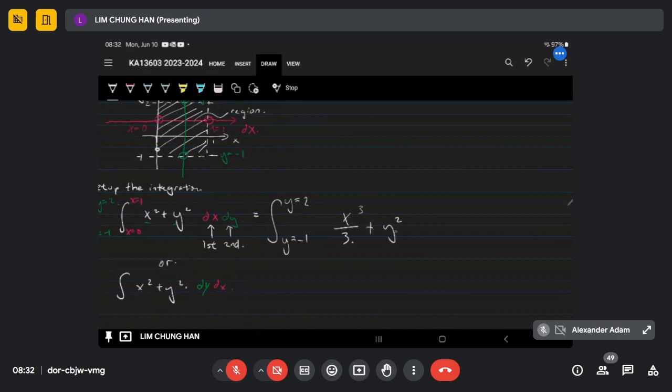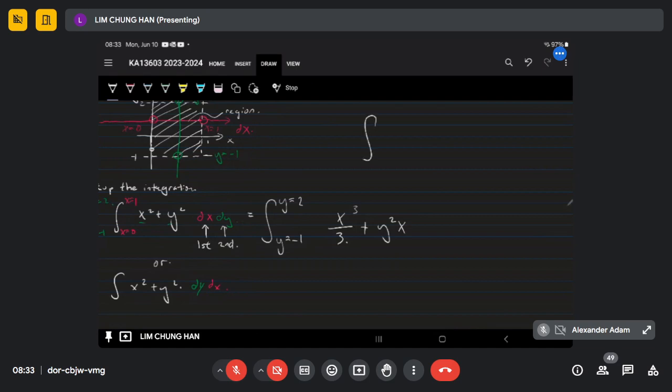When you integrate a constant, does it become 0 or do you get an x? X. Imagine this. I integrate 8 dx. What does it become? 8x, right? 8x plus c.